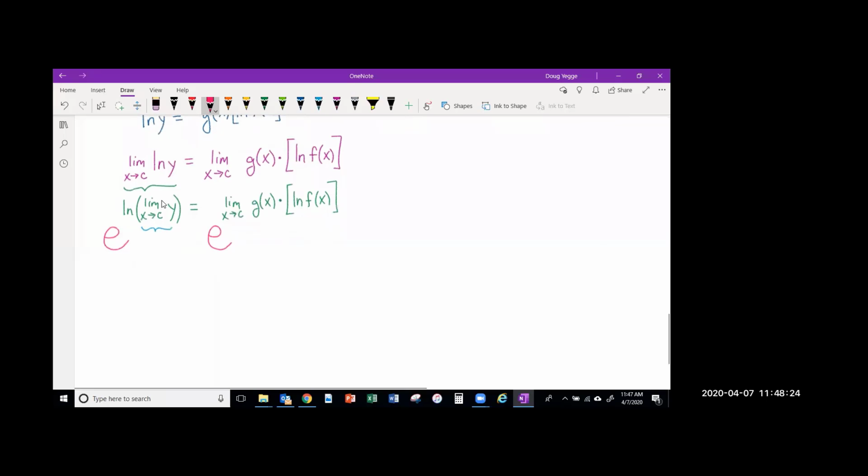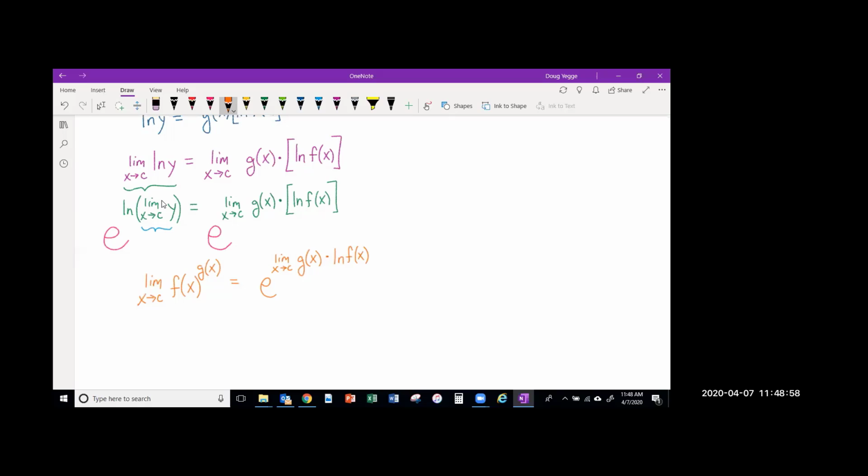And therefore, I have now solved for what the answer is. I can say that this limit, the limit as x approaches c of f of x to the power of g of x is the same as e to the power of the limit of this function. But this is not something to memorize.